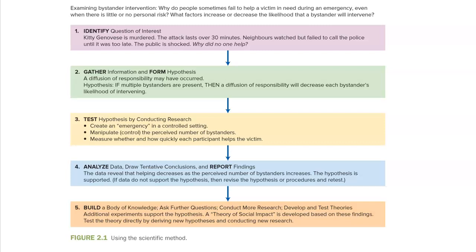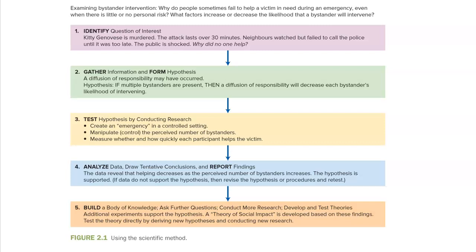So this is our question. Step 1 in the scientific process is our question. So our question is, why did no one help? Kitty was yelling for help. Multiple people heard her. Why did no one help?